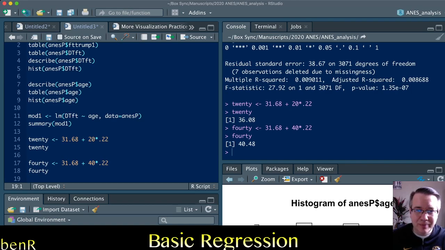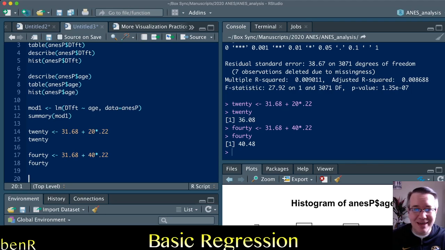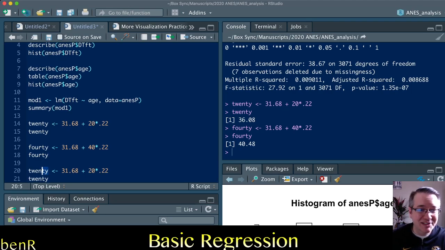So, about 4.5 points higher on the feeling thermometer scale. Now, what does 4 points mean on a 101-point scale? It's up to you, expert, to argue whether that's meaningful or not. Maybe I'm skeptical. Let's see what we would estimate for a 60-year-old. Of course, since this is a linear model, it's going to give us basically the same distance.